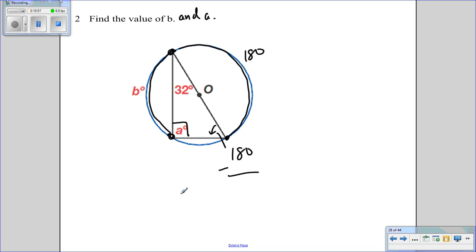If we do that correctly, you get 58 degrees. 90 plus 32 was 122. So this angle right here is 58. Now, this angle 58 was half of that arc, so I'm going to go 58 times 2, and that should give me that arc, which is 116.